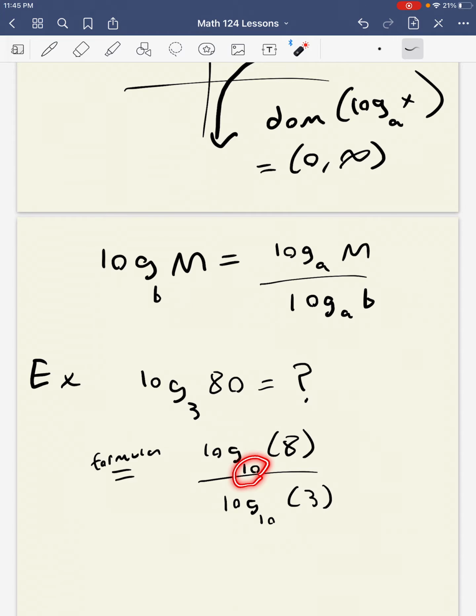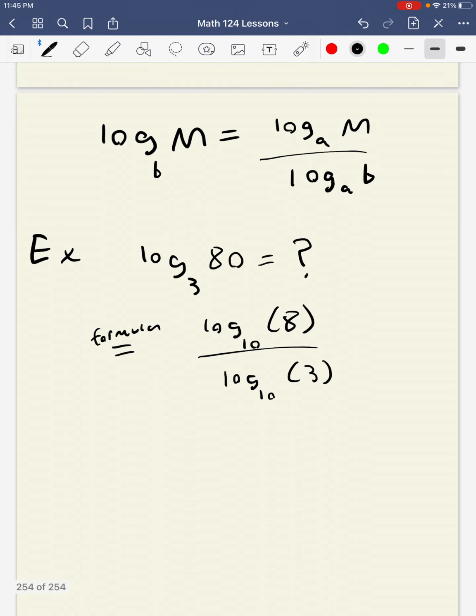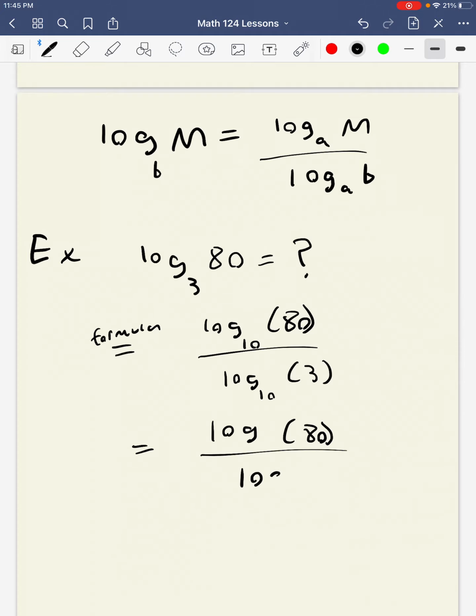And 10 is also a common base. So I mentioned earlier that e was a common base. 10 is also a common base. And 10 is a common enough base that we use the shorthand. Oh, sorry, I meant 80, not 8. We use the shorthand for log base 10 like this. So if the base is 10, we often don't even write anything for the base.